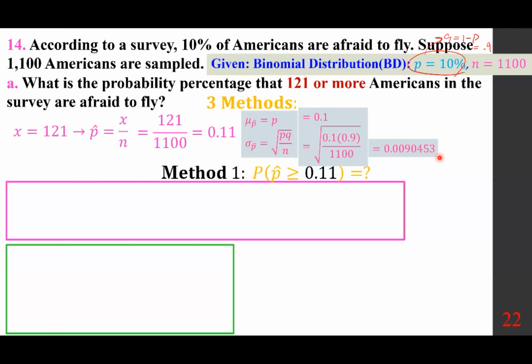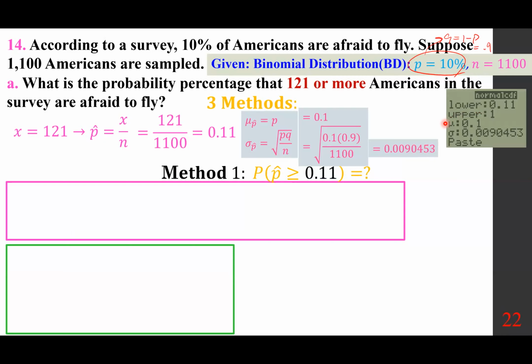So if I want to go with the technology, take a look at the way we use the technology. We want the probability of P hat larger than or equal to 0.11. So the lower is 0.11. The upper is 1. Let me explain about the upper here. Even if you use 1,000, it works. But the reason I used 1 is that I want to make sure everybody understands that this is a proportion, and a proportion can't be larger than 1.